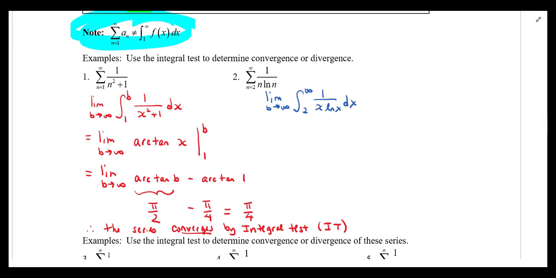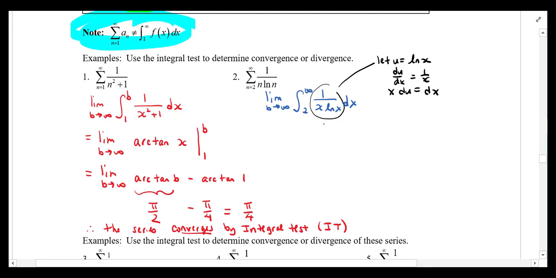I can already see that this is a u substitution. Let u equal ln x, so du dx is 1 over x, or dx equals x du. If I do that, this becomes 1 over u du.